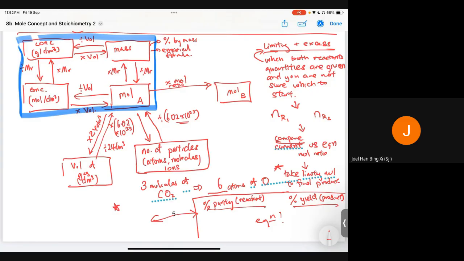At this stage, if you do not have enough time left to recheck your working, what you can do is take the two numbers that you've calculated and swap them around. For the result to be more than 100%, your numerator is bigger and your denominator is smaller.